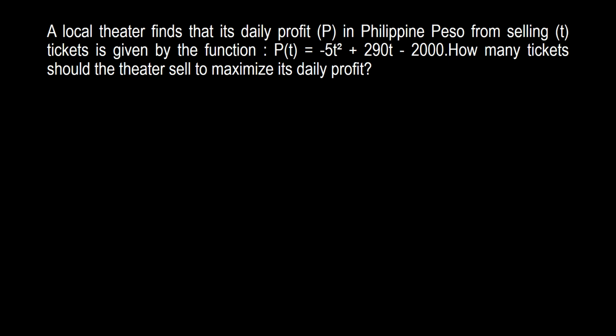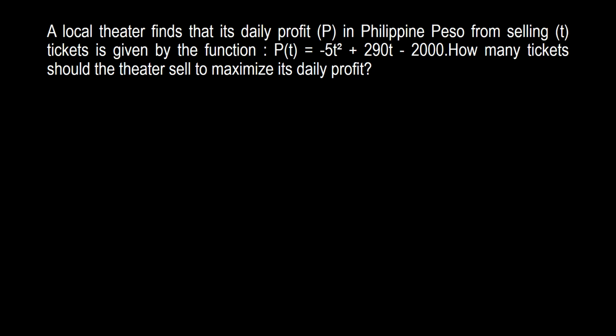According to the problem, we are to maximize our daily profit. With the given equation to maximize, we're not really in trouble here. So what we're actually doing is going for the maximizing problem right away.